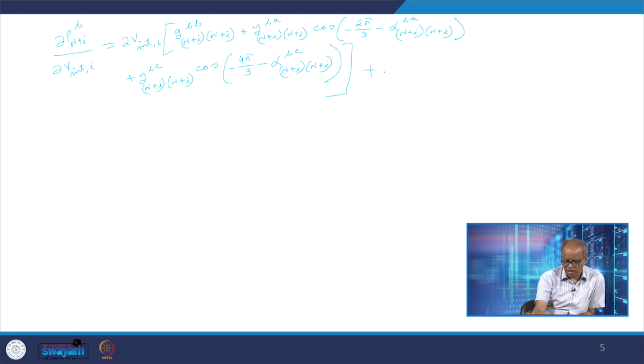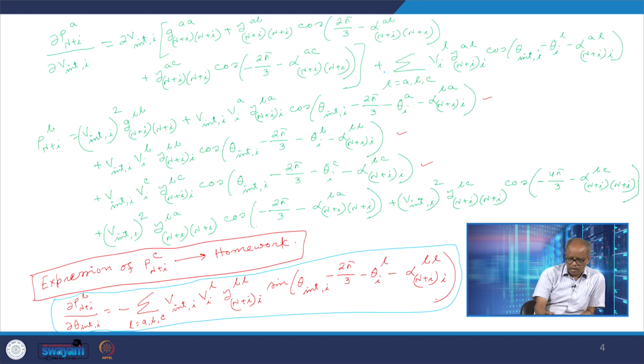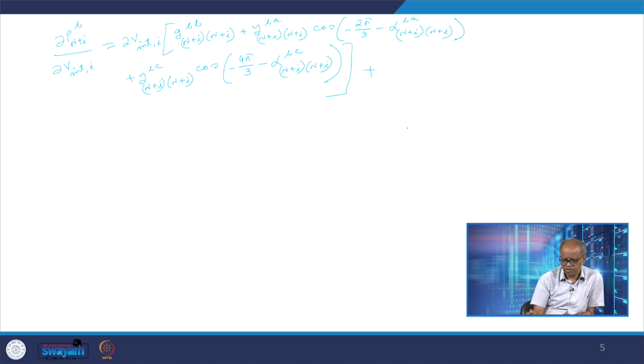right, plus other three terms would be, we can simply take them by means of a summation terms.